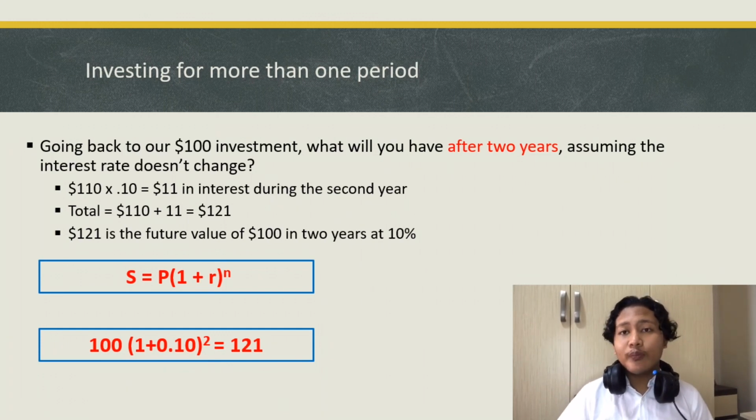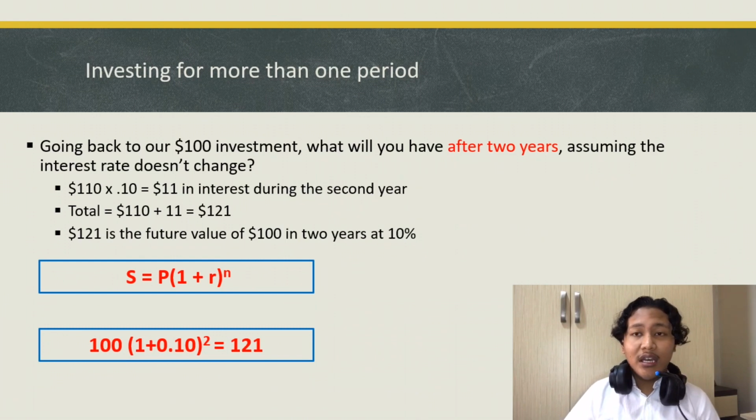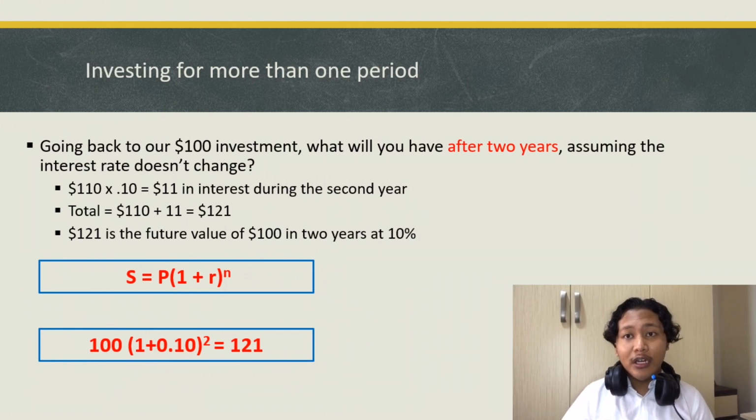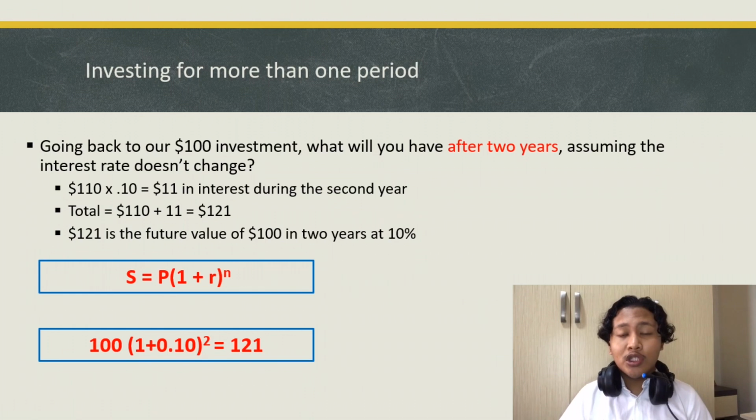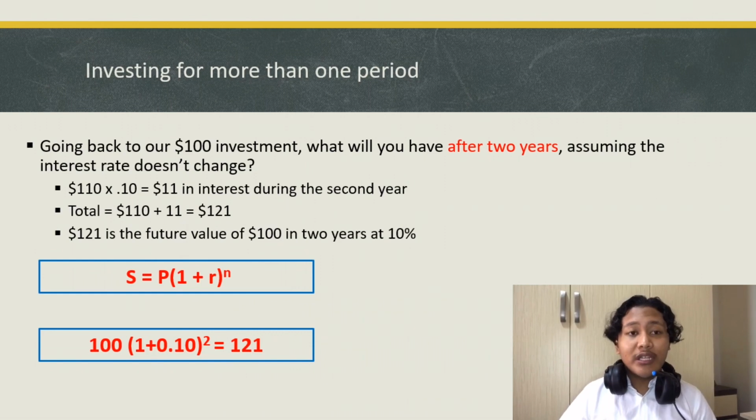So we put the items into the future value formula, which is S equal to P, 100, times (1 plus r, equal to 1 plus 0.10, where 0.10 represents 10%) to the power of 2, because it's 2 years, and you will get 121.